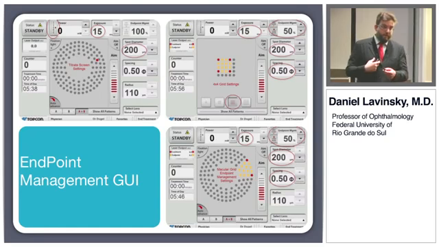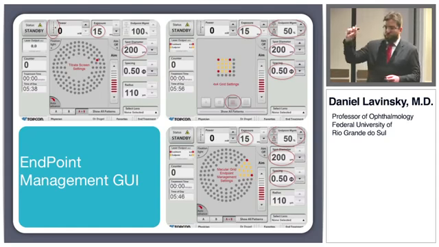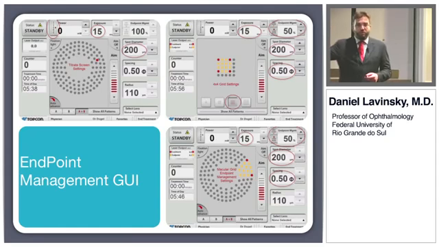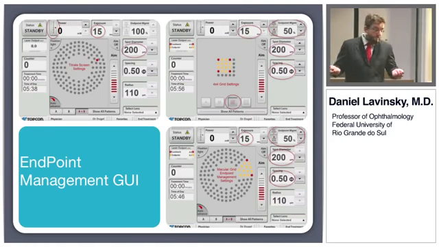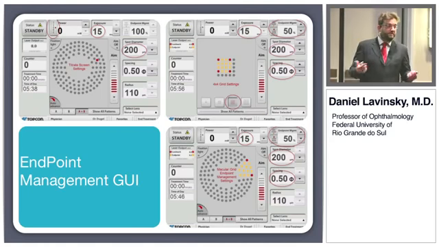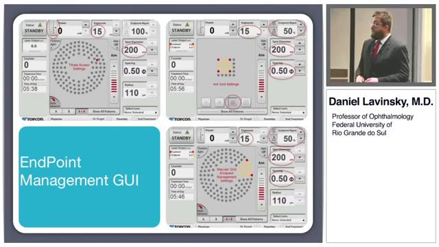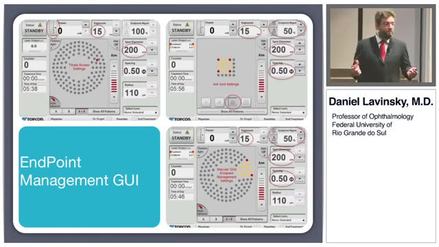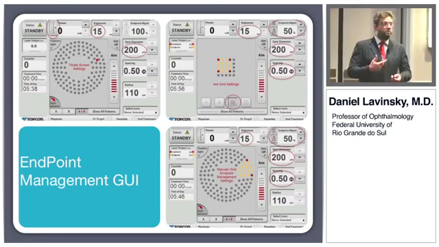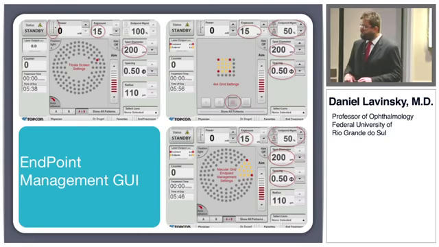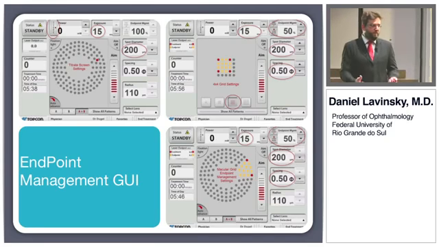Some people, like we used to do, do a titration burn and increase the power by 20%. Why? That's what worked for us. That's the recipe that worked for us. And so that's really not very reproducible. That's the main criticism of micropulse, because the reproducibility of the treatments between groups is very low. So this we try to avoid.